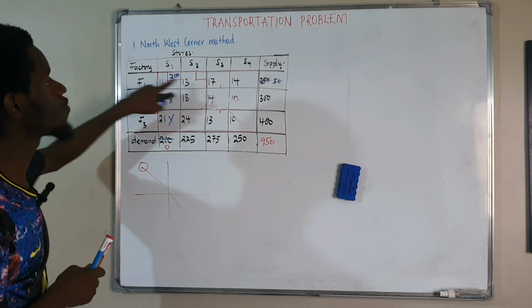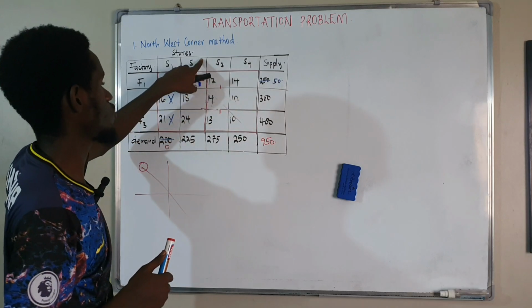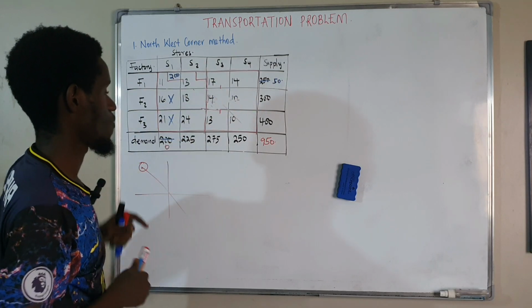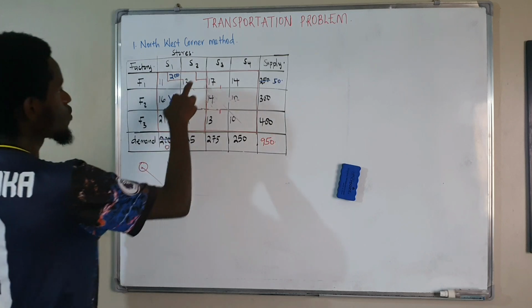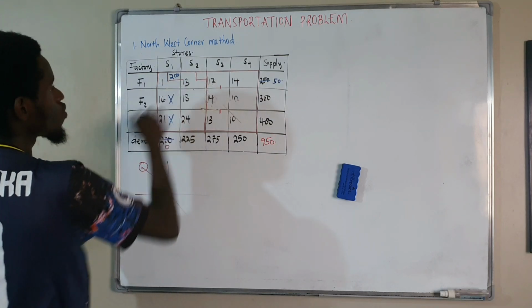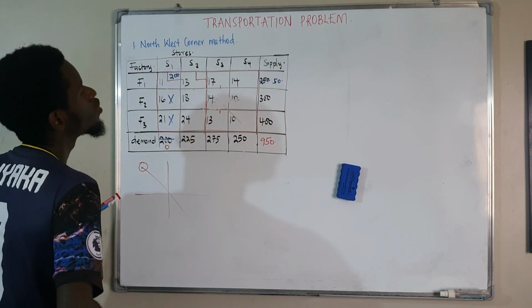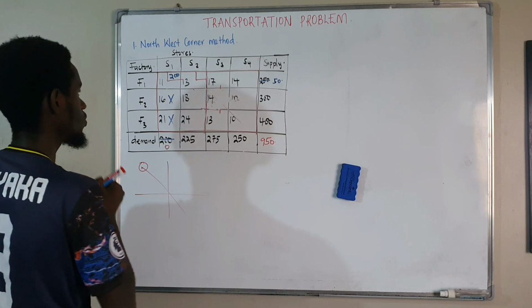Now look at here. Factory 1 is supplying now 50 only, but store 2 is demanding 250. Now what should we do there? The supplies which factory 1 will supply will just go directly to store 2.